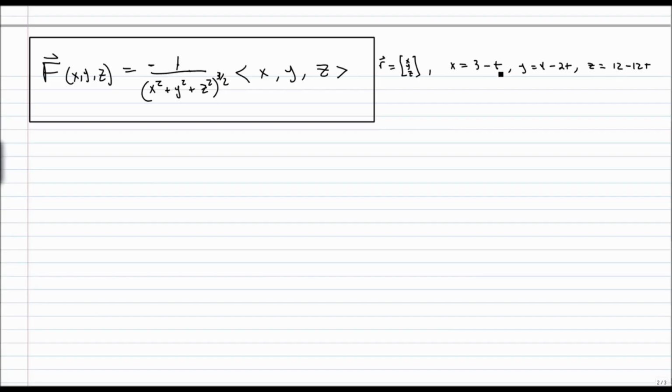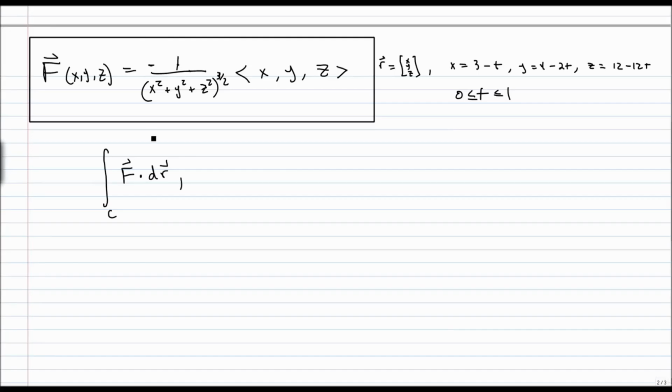And then when t equals 1, we're at the point 3 minus 1 is 2, 4 minus 2 is 2, and 12 minus 12 is 0, which is P2, which I erased, but that was P2. So we know that we're interested in this position vector when t goes from 0 to 1. Okay, so that's going to be our line integral.